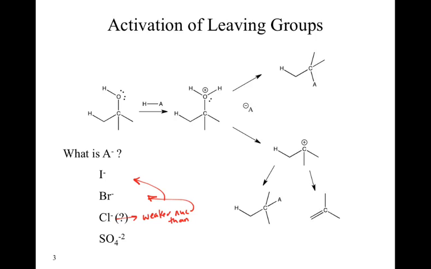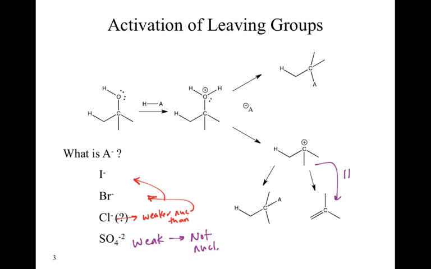The last reagent that's kind of interesting there is an even weaker nucleophile, sulfate. It is so weak that we would actually say it's not a nucleophile. Well, if it's not a nucleophile, we can't do the substitution. So what's happening typically when we add sulfuric acid? Well, we end up seeing the elimination reaction.